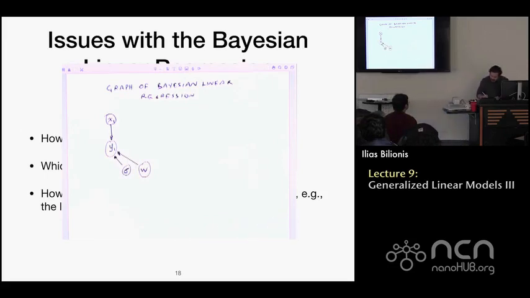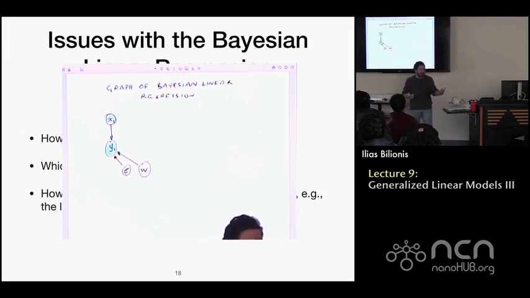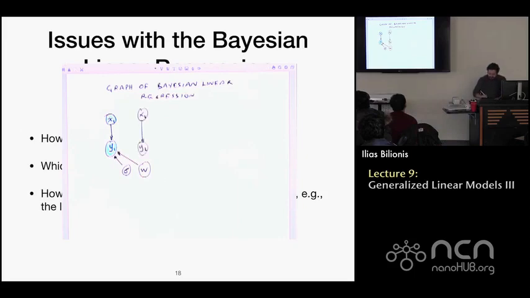And of course, we were observing both this and that. Right? We were observing these things. But we had also more measurements, and these measurements were independent, right? So we also had an x2 that gave us a y2, and we should have an arrow going like that. And these guys were also observed.